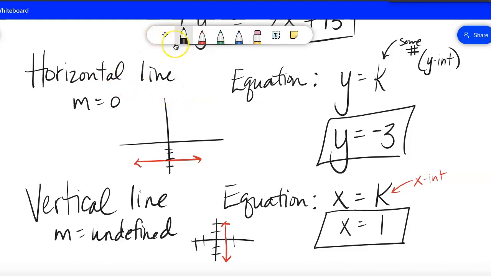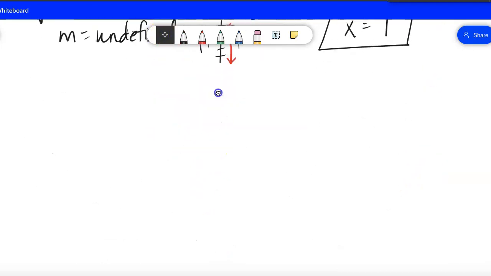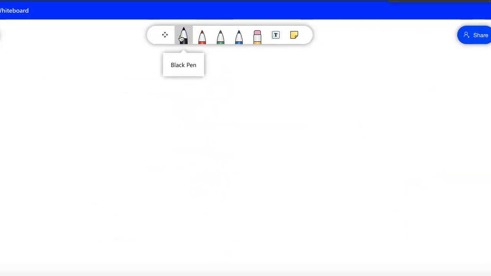Okay, then they went over some parallel and perpendicular lines. Instead of going over all the rules, what I'm going to do is I'm going to do an example. I'm going to do one that talks about perpendicular.